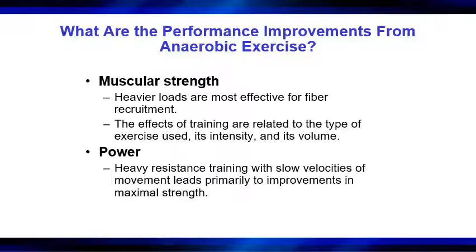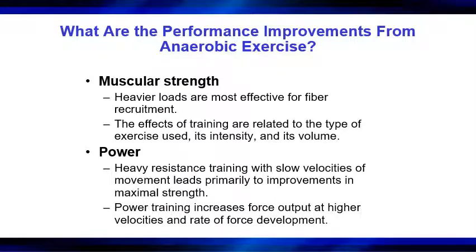Heavy resistance training with slow velocity primarily leads to improvements in maximal strength. That would make sense. While you can get some power improvements from heavy resistance training with slow velocities, primarily the factor that's going to be improved is strength, just that pure ability to apply force. Power training is going to increase your force output at higher velocity.